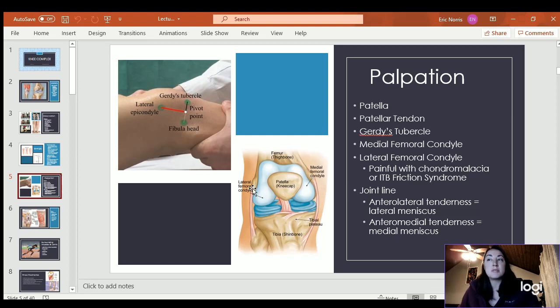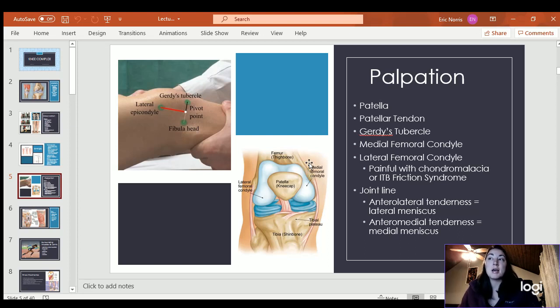So we talked in class the other day about medial and lateral femoral condyles. I was searching everywhere because on the internet there are some that call this very lateral portion the epicondyle and the very medial portion the epicondyle. But I didn't find it in any textbooks or anatomy books.